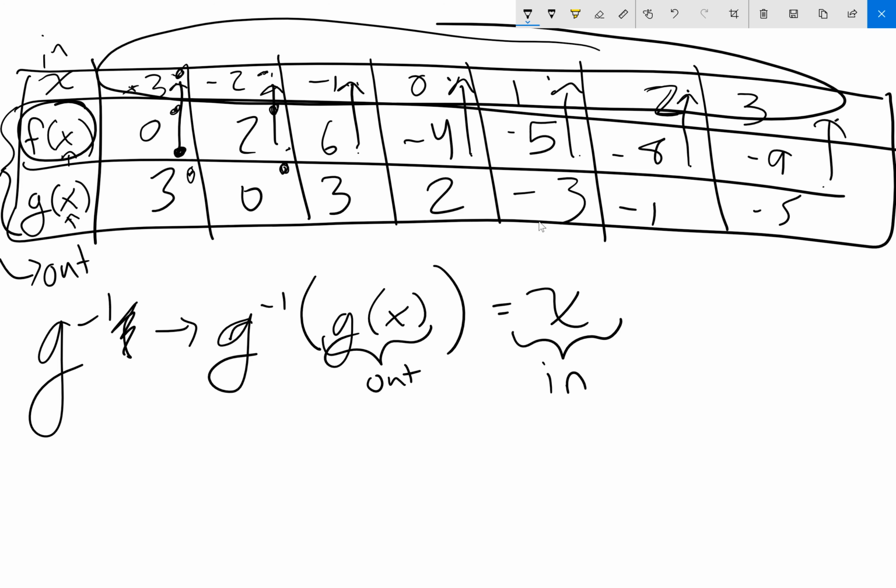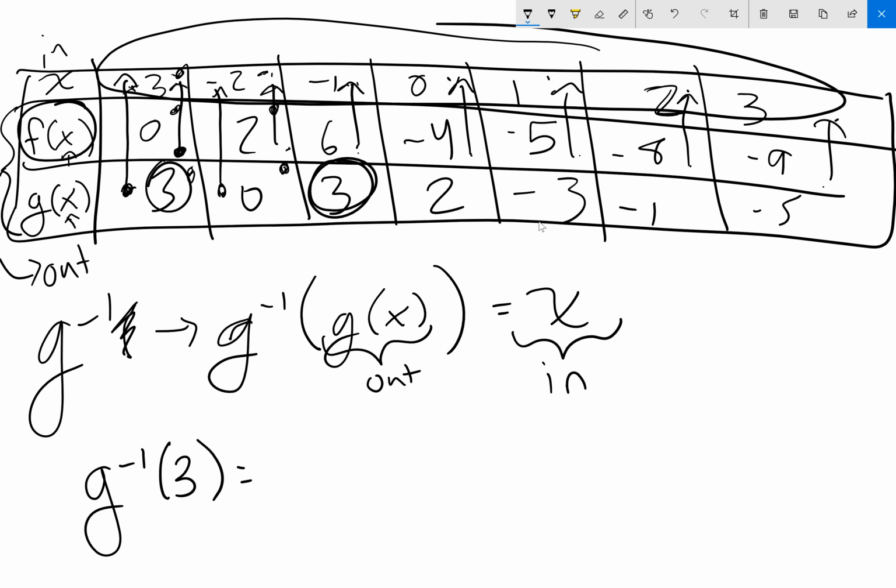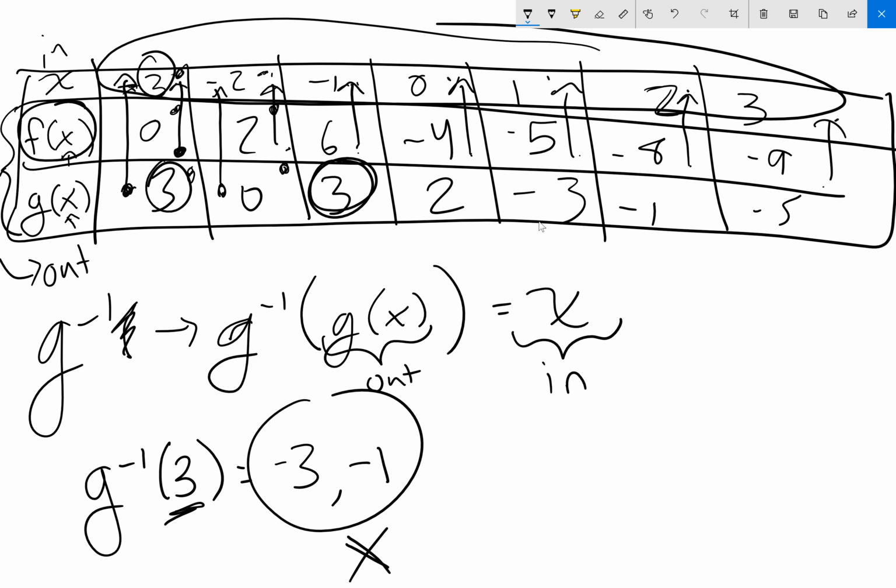So if it was a function, that means every G of x only points to one x. So let's see. 3 points to 3, 0 points to -2. Ooh, but wait, we have 3 now. So if we did G inverse of 3, right, we would get -3, but we would also get -1. We can't have that, because that's saying for every input we have more than one output. Make sense?